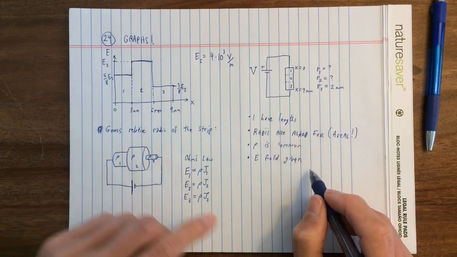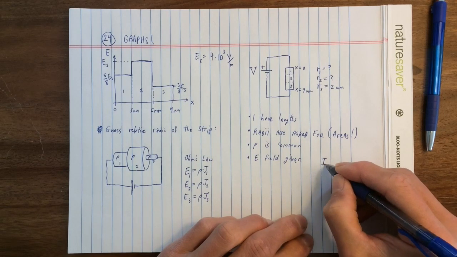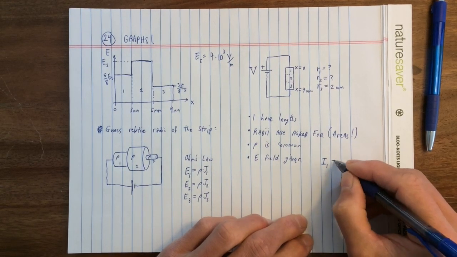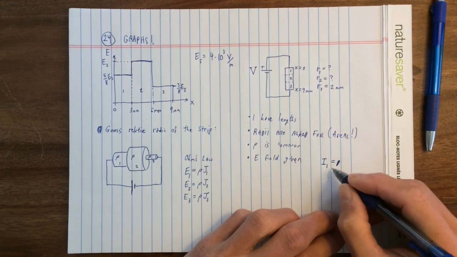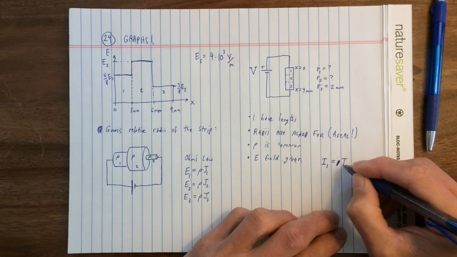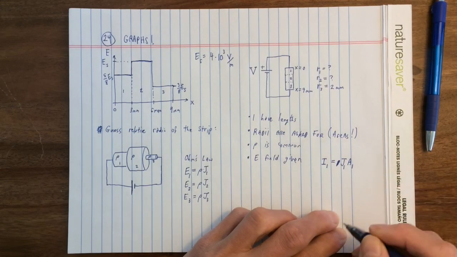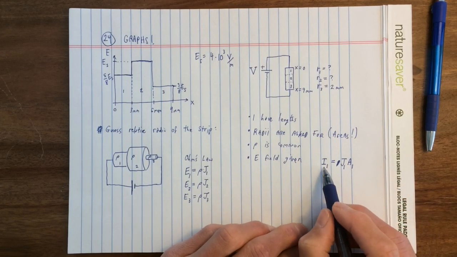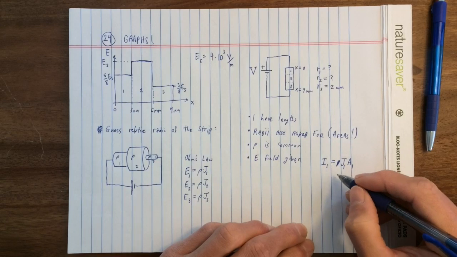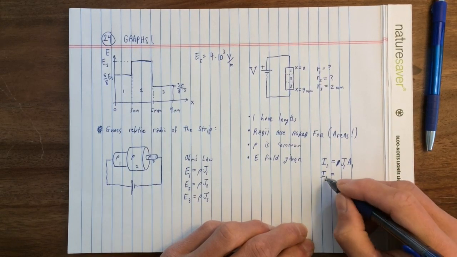So radii and lengths and resistivity, so radii are areas. Another thing I can write is, for example, the current through region 1 is, excuse me, not the resistivity, it's the current density in region 1 times the cross-sectional area of region 1. So this is the relationship between the current, the current density, and the area. There's a relationship like that for the current in region number 2.